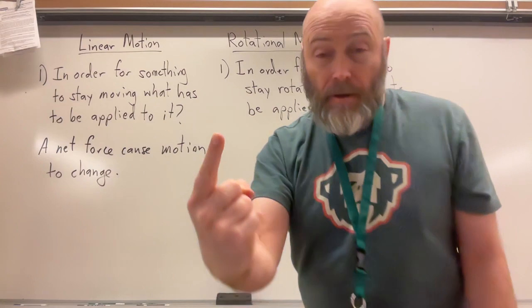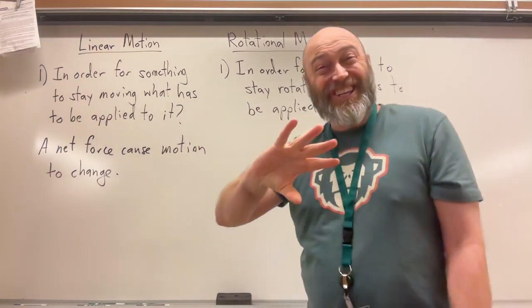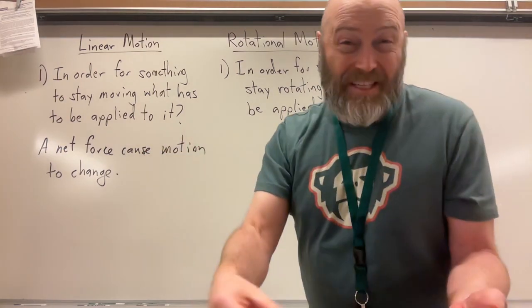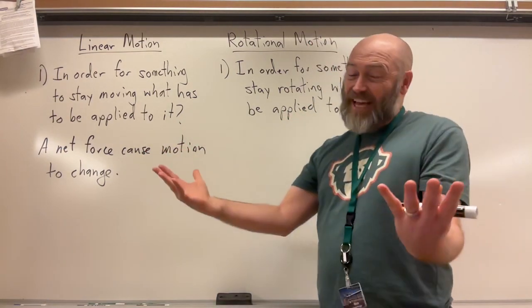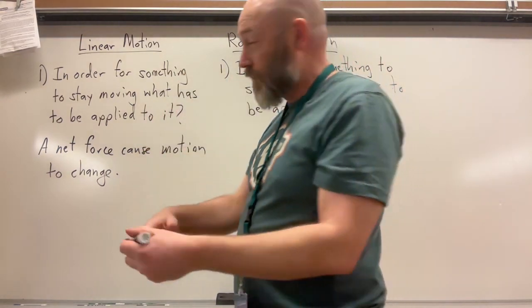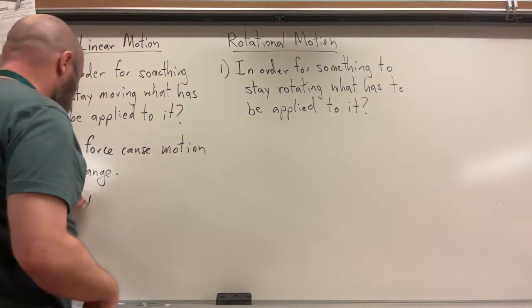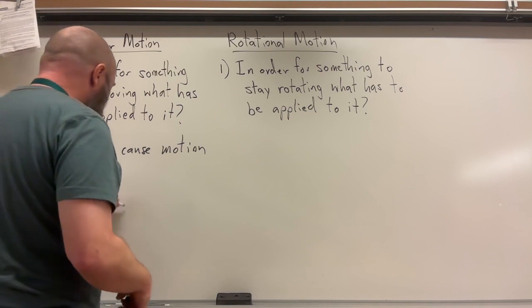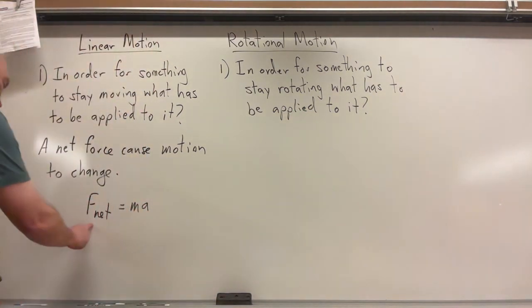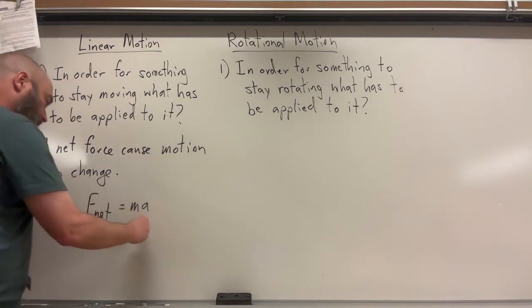It could speed up, it could slow down, it could change direction. If something speeds up, slows down, or changes direction, what is that? That is acceleration. Because, of course, F net equals ma. So if there's a net force acting on something, it's going to accelerate.